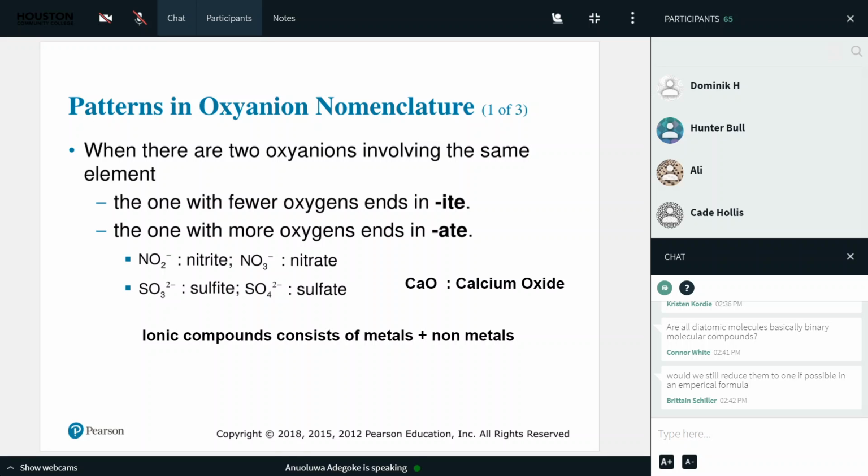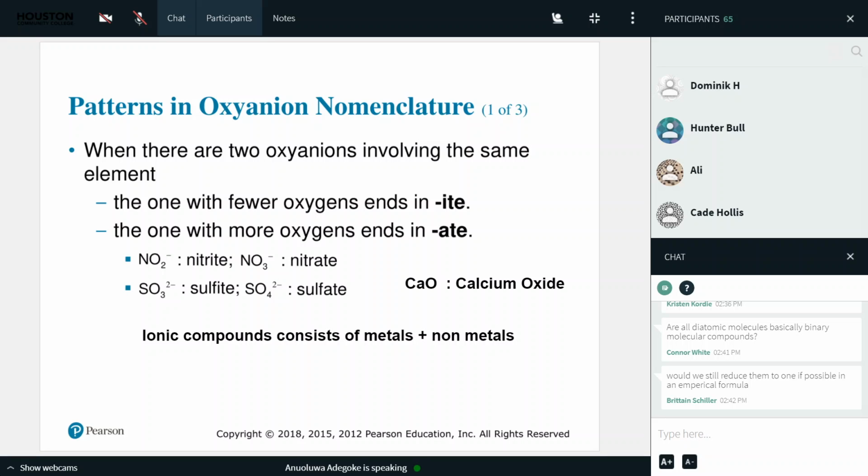Why do I call it calcium oxide? Well, I know this is CaO. Ca is calcium, O is oxygen. When they come together, they form an ionic compound, right? We know that it's an ionic compound because it's calcium and oxygen.